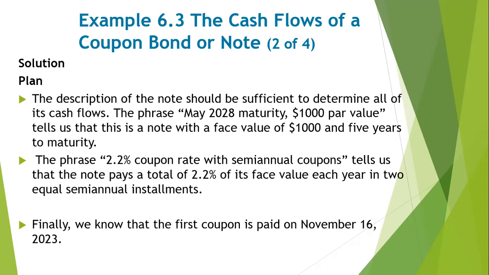The phrase 2.2% coupon rate with semi-annual coupons tells us that the note pays a total of 2.2% of its face value each year in 2 equal semi-annual installments. Finally, we know that the first coupon is paid on November 16, 2023.